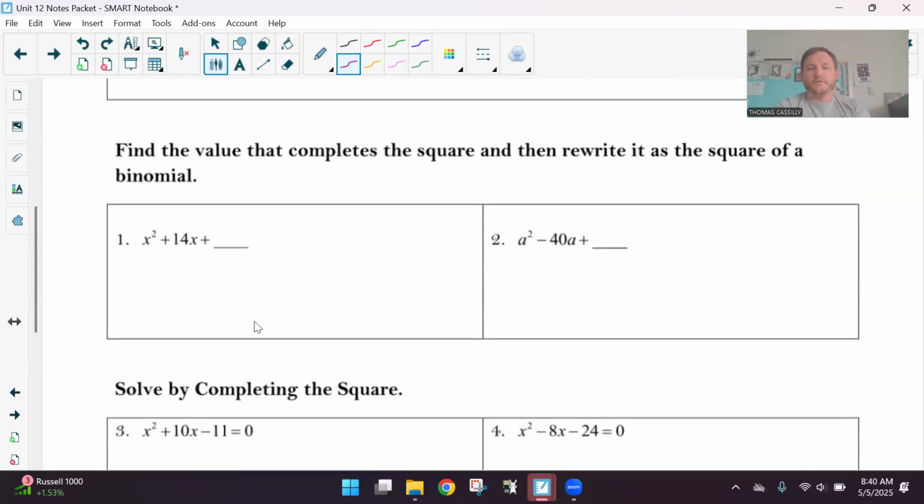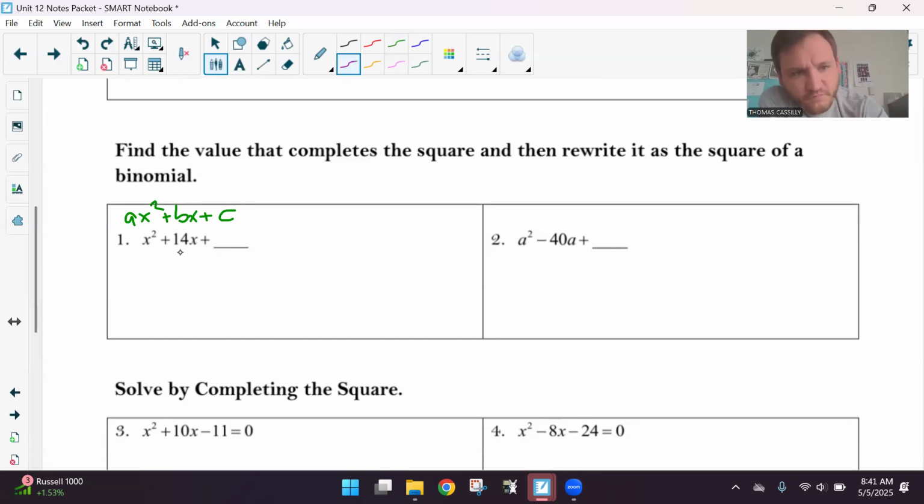First things first, if I take this polynomial, x squared plus 14x, I need to figure out what that c term is going to look like in order for me to factor this. Remember, we go ax squared plus bx plus, in this case, our c. We are trying to figure out what that c value is.